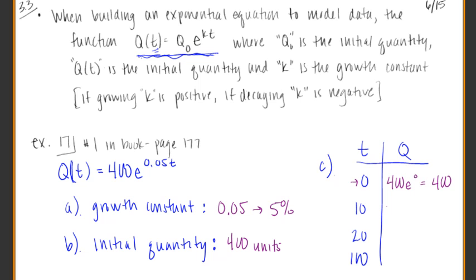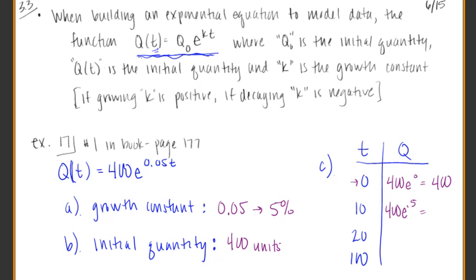Then, when you plug in 10 for t, it's going to be e to the 0.05 times 10, which makes that 0.5. Then you can plug that into your calculator. Let's practice that so you can practice using the button.